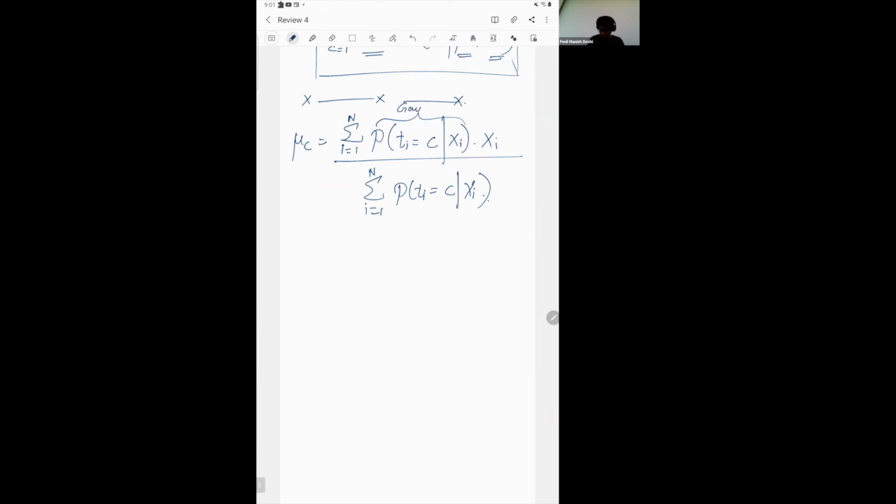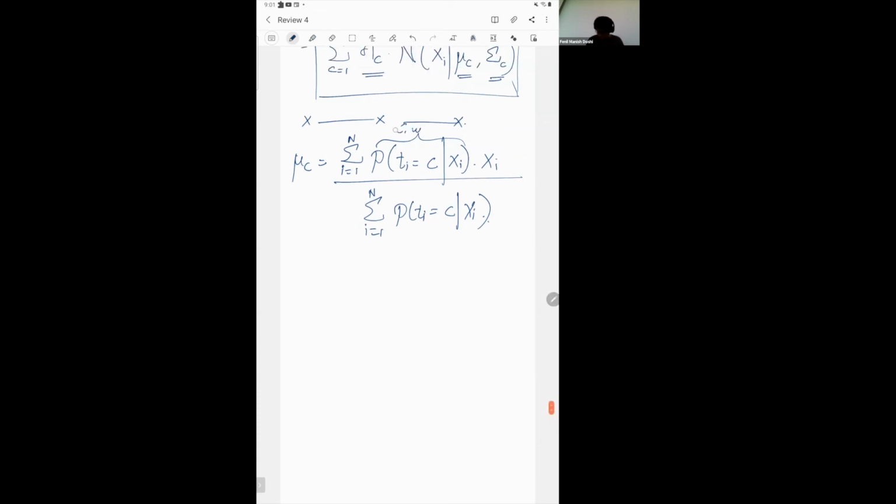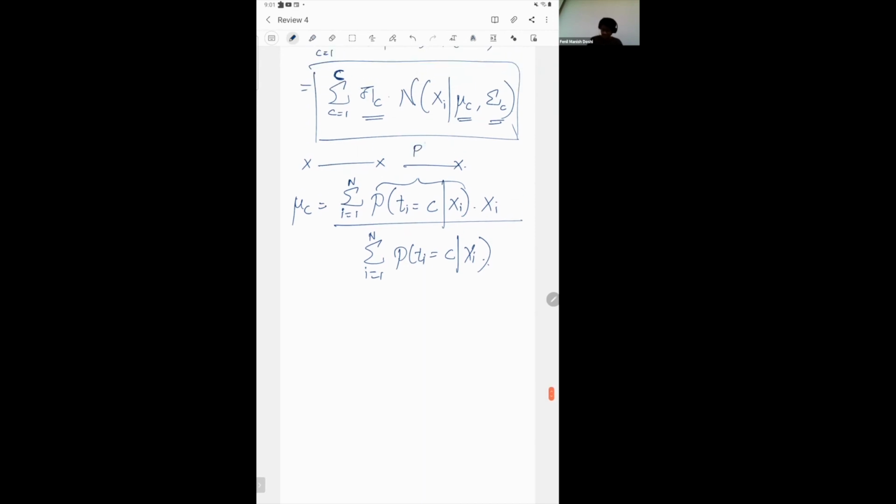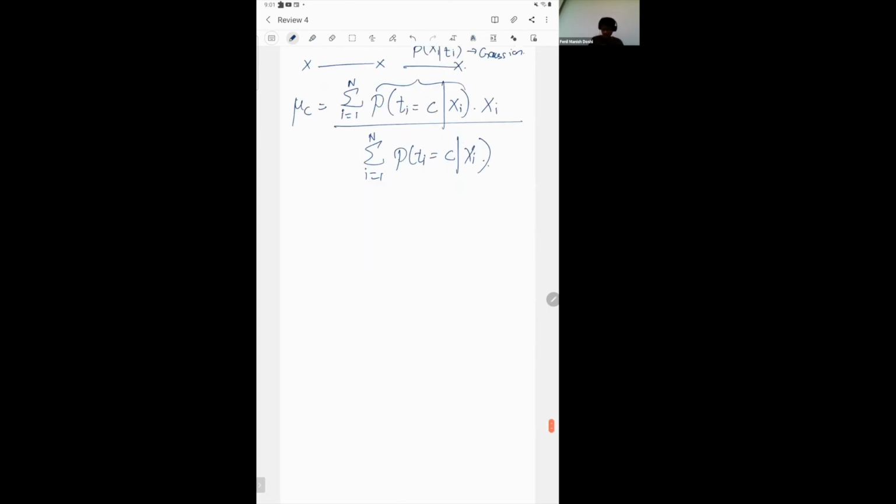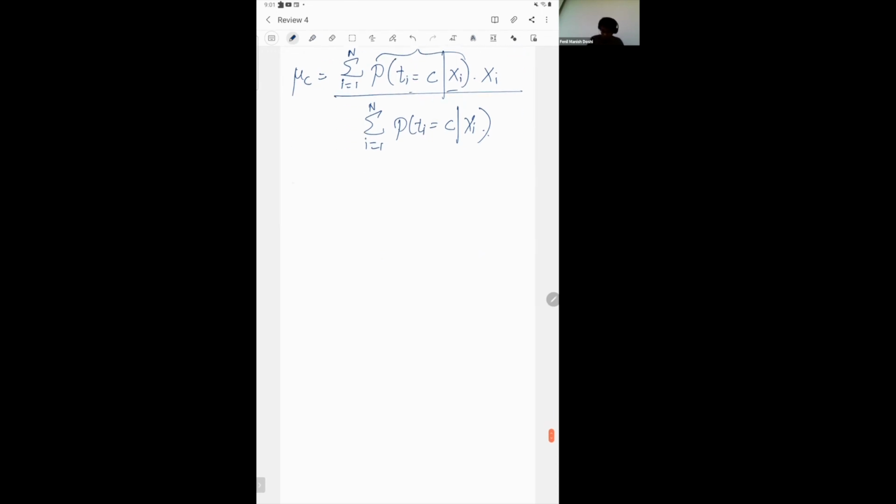Oh no, this thing is not a Gaussian, the probability of x given ti. So I'll write what this is. P of ti equals c given xi would simply be the probability of xi given t times the probability of t equals c, divided by the probability of xi. Simple Bayes rule, and we know each of these quantities.